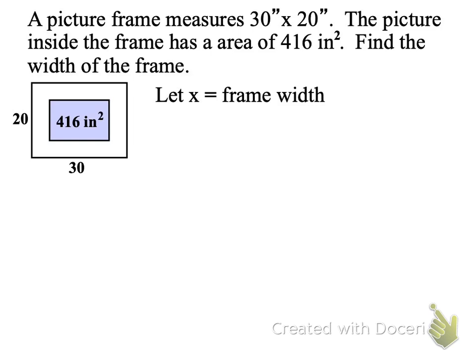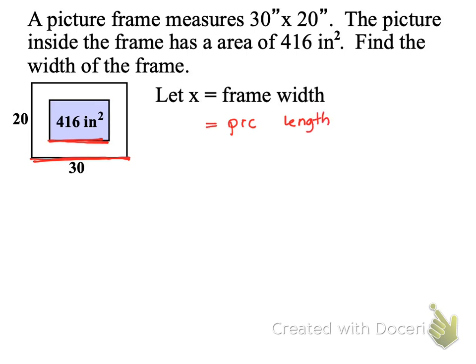And then let's talk about the length. Since we have the area for the picture, we're going to look for the other dimensions of the picture. So we don't know what the length here is, but what we do know is that the whole thing is 30, right? So the picture's length.